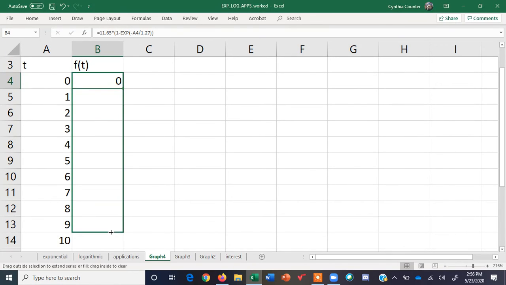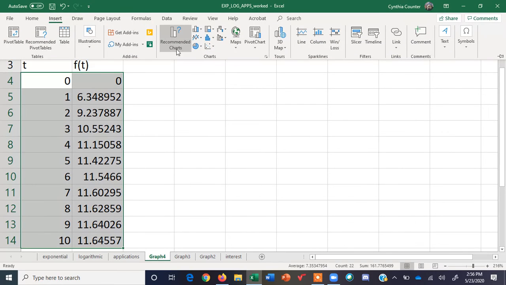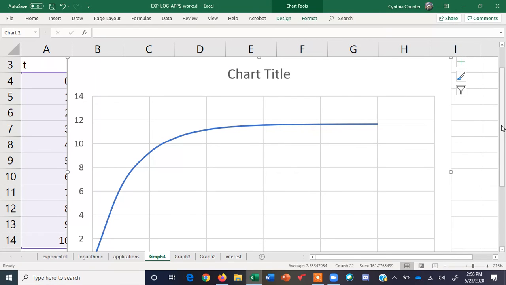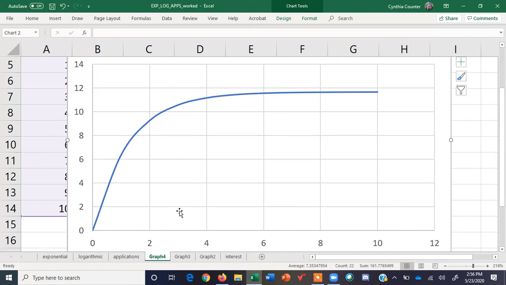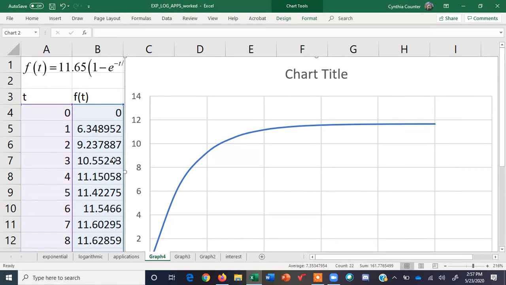Okay, let me make this a little bigger, not that big. Copy this down. Let's see what it looks like. Insert. Yeah, this actually works quite nicely. There we go. Starting at 0, accelerates very rapidly, and then flattens out. And notice it's not up to 12 because this is that 11.65 here.